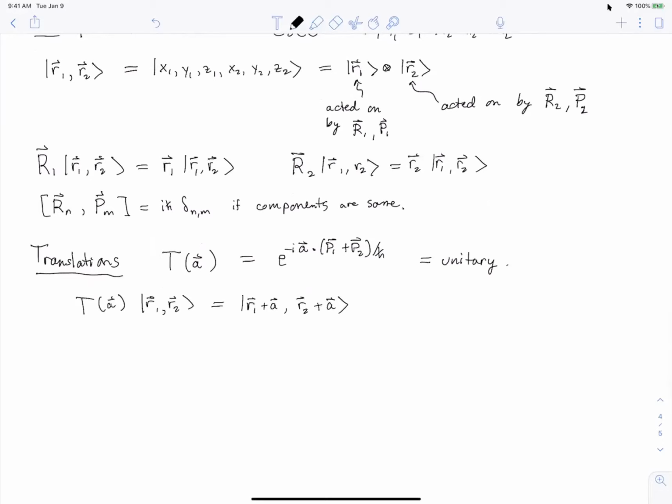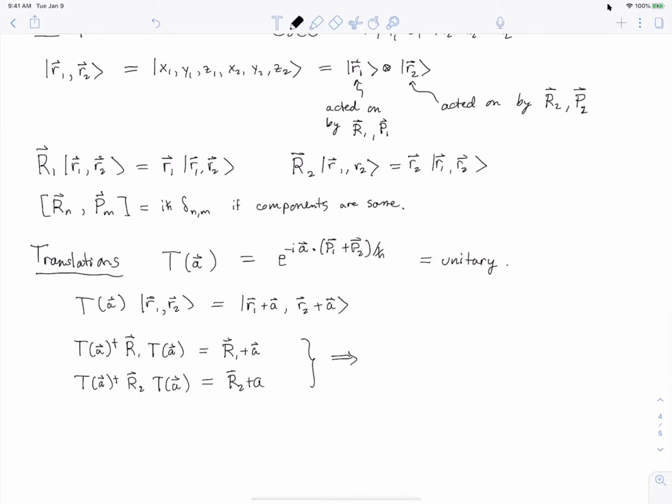All right, and then furthermore, from the rules that we've worked out, you can find that if I do T_A dagger R1 T_A, I get back R1 plus A. If I do T_A dagger R2 T_A, I get back R2 plus A. And a nice consequence of that is that if I do this operation of translation to the difference of the vectors, I just get back the same vector.